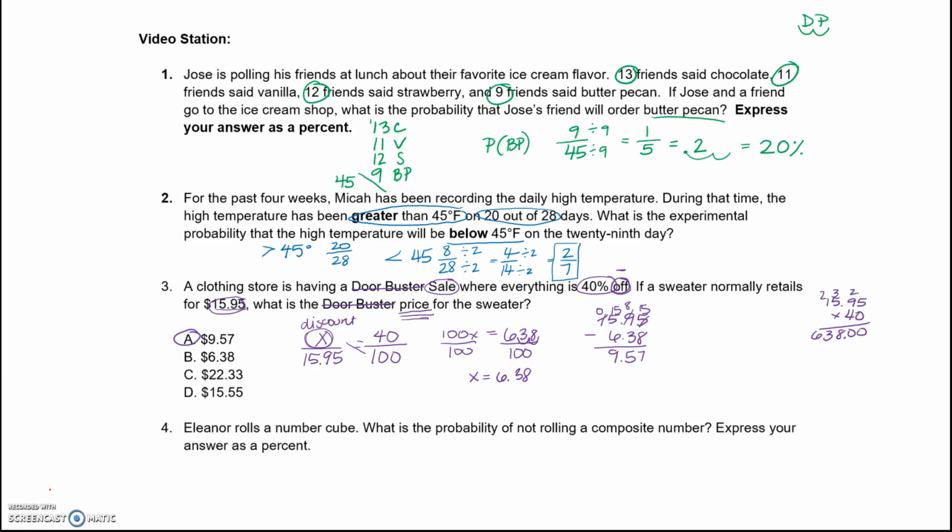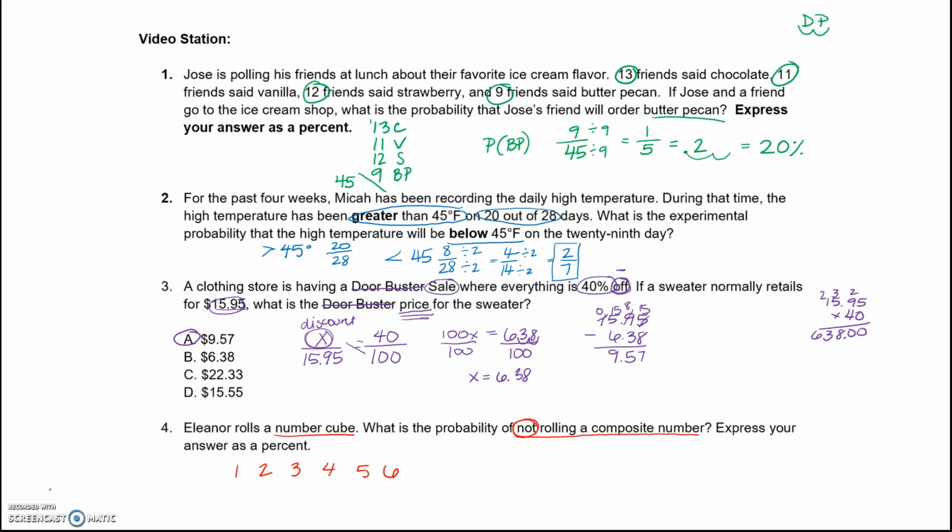All right, last problem on here. It says Eleanor rolls a number cube. What is the probability of not rolling a composite number? Okay, so I want the probability of not a composite number. We're talking about a number cube, so I know 1, 2, 3, 4, 5, 6. I do not want a composite number.